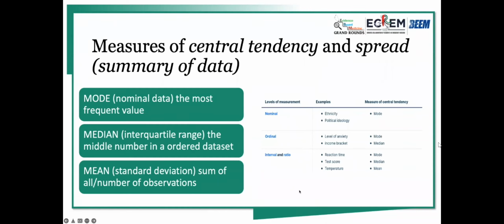So for example, if we have nominal data, in other words, types of data that are individual and are different, are not continuous, for example, if we're looking at ethnicity where we have Black, white, Hispanic, Asian, or if we're looking at political ideology, or we're looking at color, all those are nominal data, and we can't use average, and we can't use median for that.